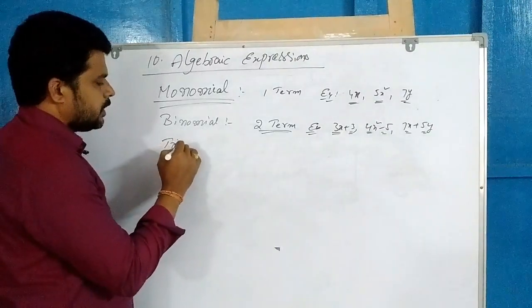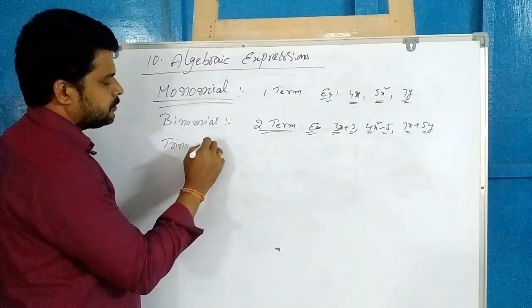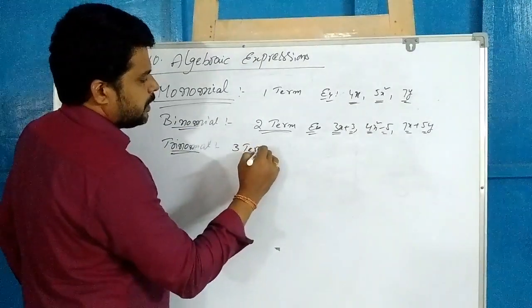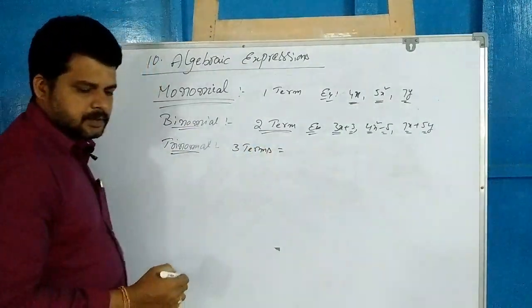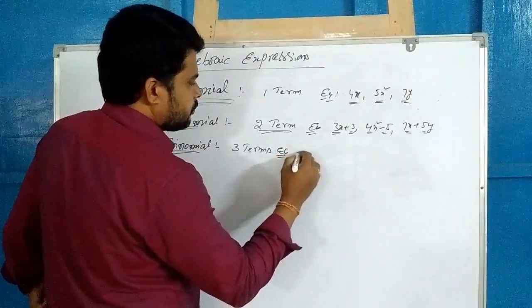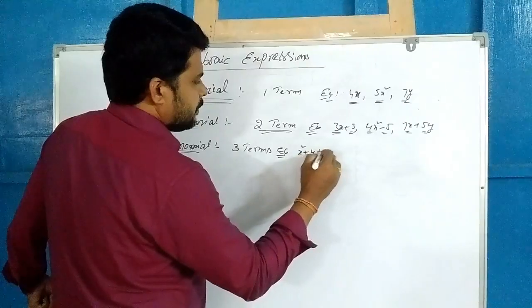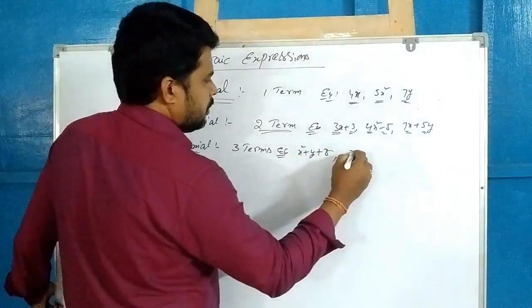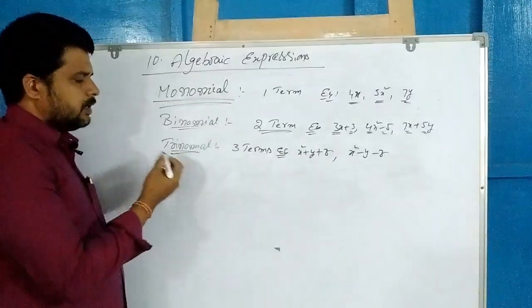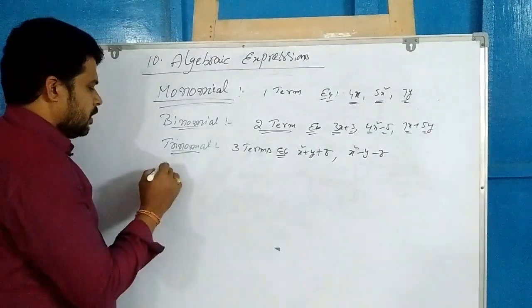Next one is trinomial. Any algebraic expression having three terms is called a trinomial. Example, x square plus y plus z, or x square minus y minus z. These two are called trinomials.